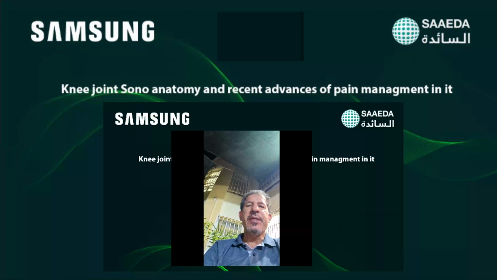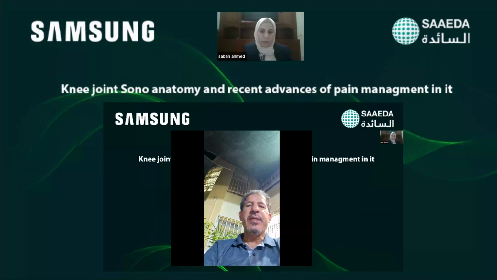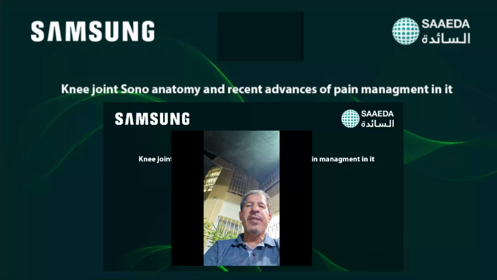In both knees, the injection is not more than 8 to 10 cc. It's effective in 70 to 80 percent. With ultrasound-guided ablation, I think it will give a perfect result.